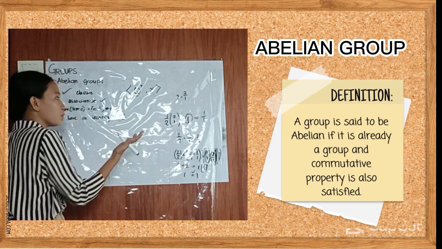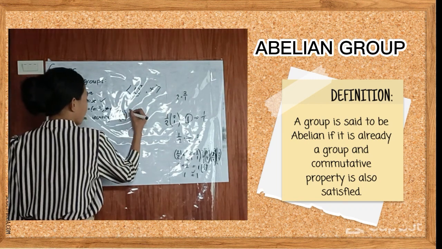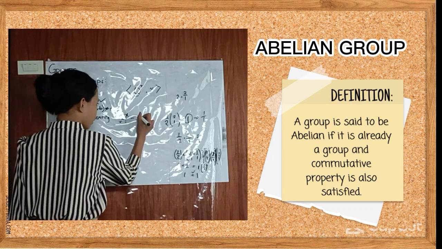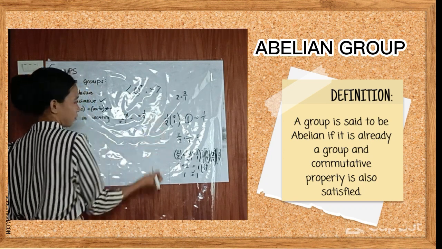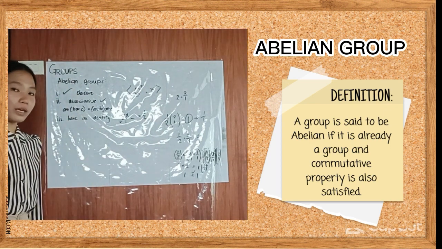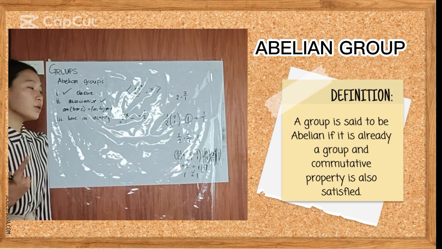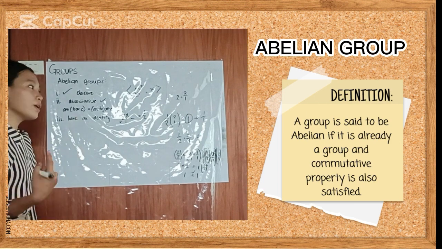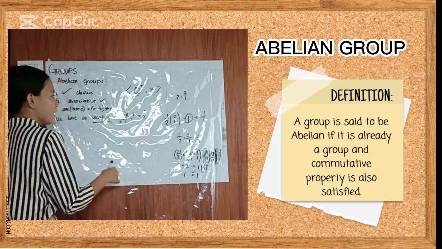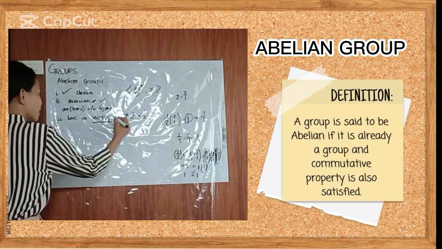What should we multiply with 1/2 to get 1/2? Is it 0? 1/2 times 0 is 0. Is it 1? 1/2 times 1 is 1/2. Therefore, the identity is 1. So again, it is satisfied.